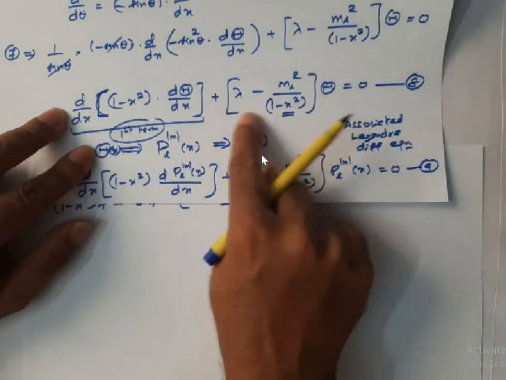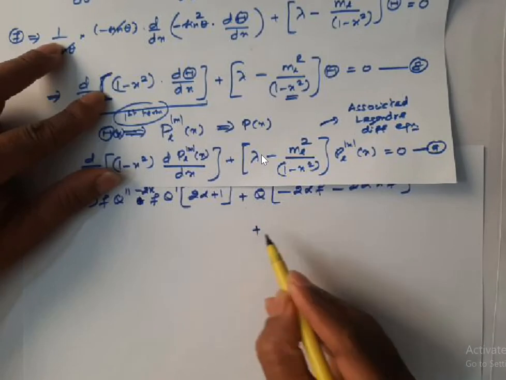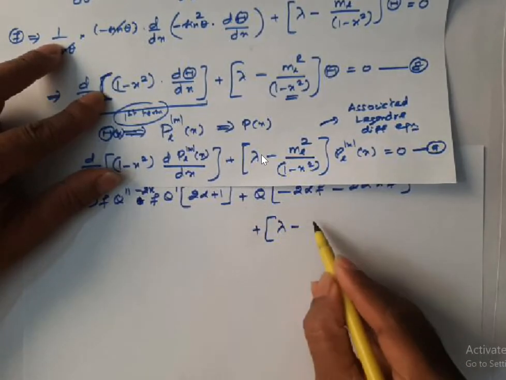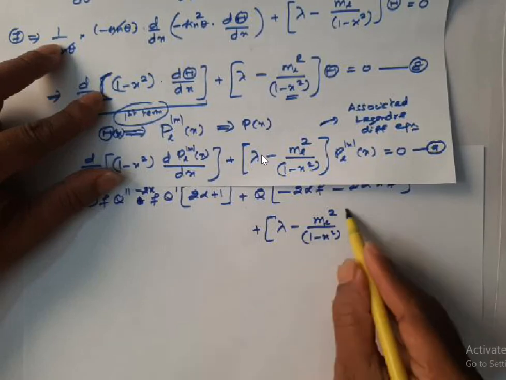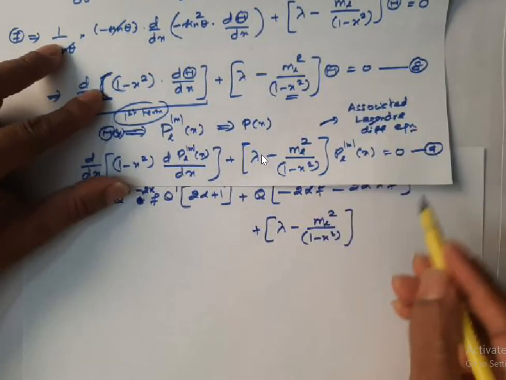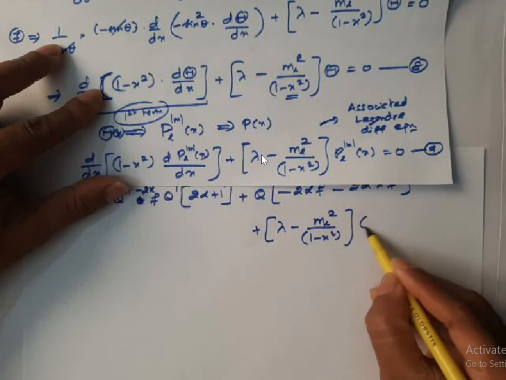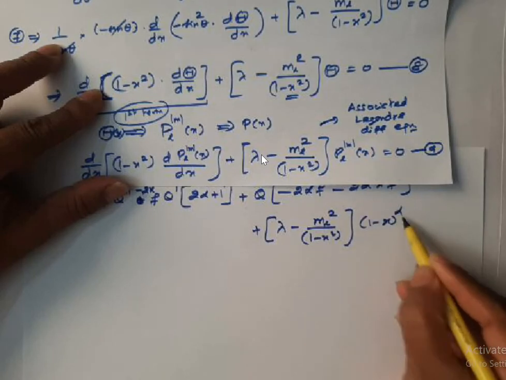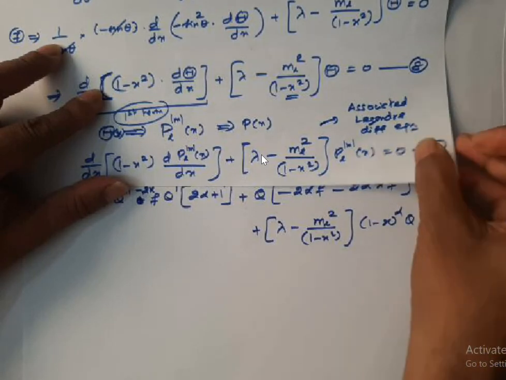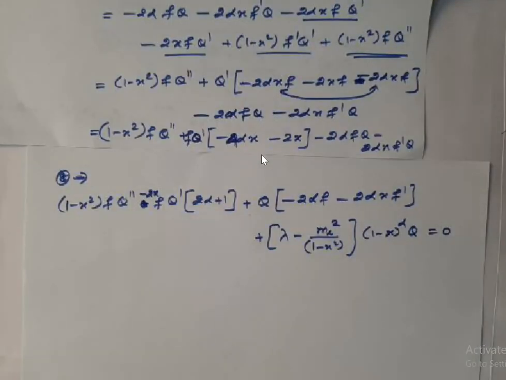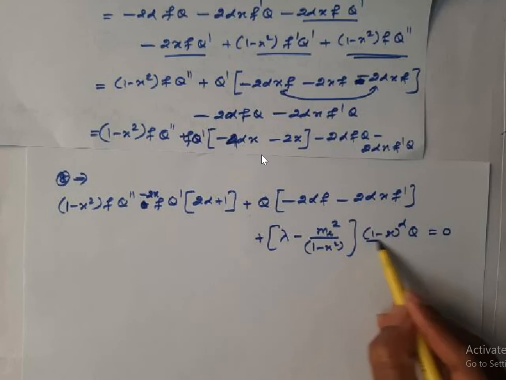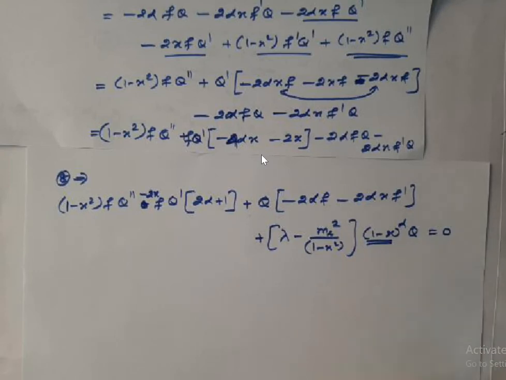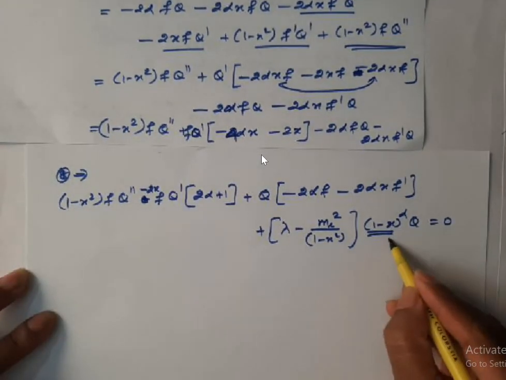So these are the remaining terms, which is plus lambda minus m square over 1 minus x square, into, this is p. What is p? P is defined as 1 minus x square into alpha into q equal to 0. Yeah, this is our final equation, right? And this is nothing but f. You can also write f in the place of this.